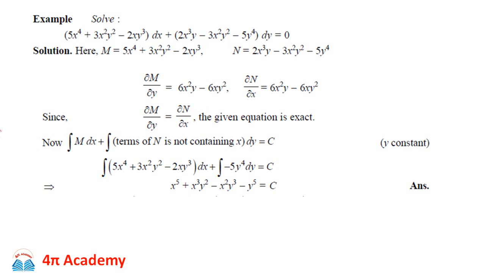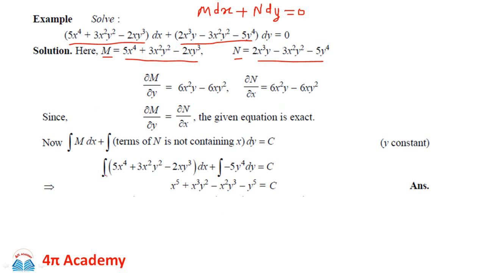This first factor is nothing but our capital M, and this factor is nothing but our capital N, so that my equation is of the form M dx plus N dy equal to 0.